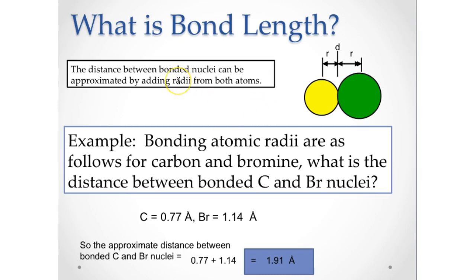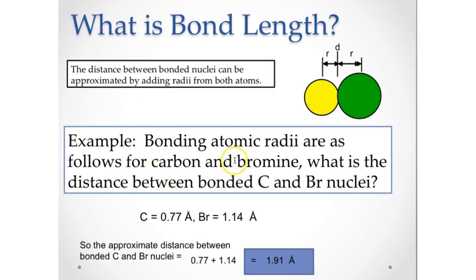And then the next thing is the bond length. The bond length is the length between the nucleus of two atoms. So here's the nucleus of one atom, here's the nucleus of another. The distance would be the distance between those two radii there.